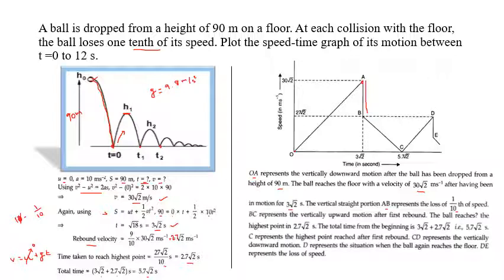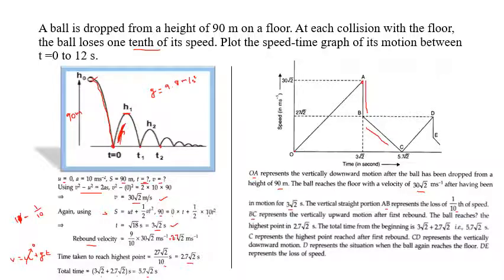Take this velocity as 1, so 1 minus 1 by 10 is equal to 9 by 10. After losing 1/10 of the speed, this portion is represented by AB. And then BC represents the vertically upward motion, from point B to C. Again, it represents upward motion after the first rebound.